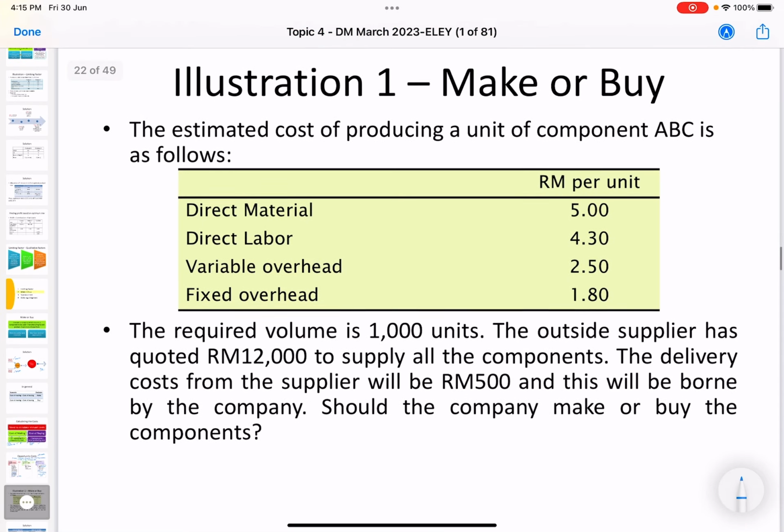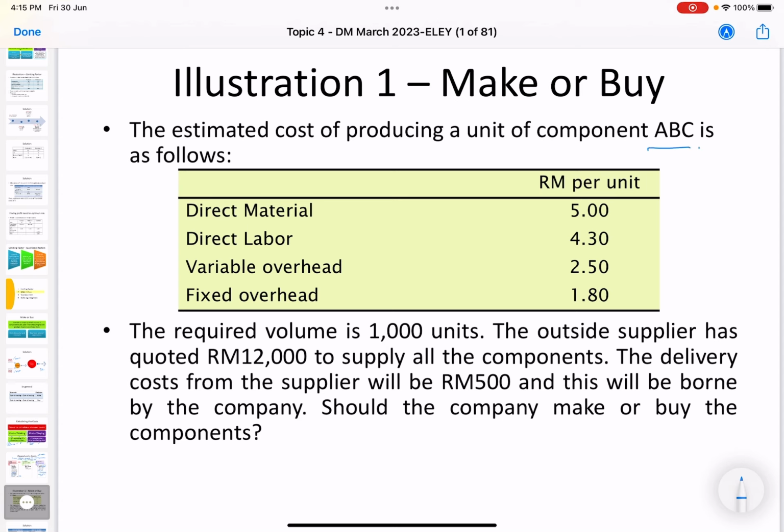Alright? Okay, let's look at a simple illustration of make or buy. Now, assuming this company, don't confuse this with my component ABC just now. Let's say the estimated cost of producing a unit of component ABC is as follows.